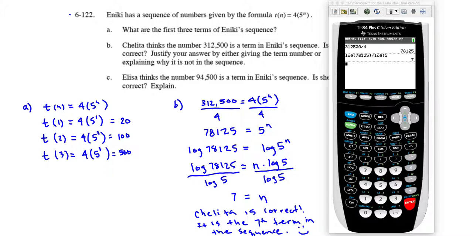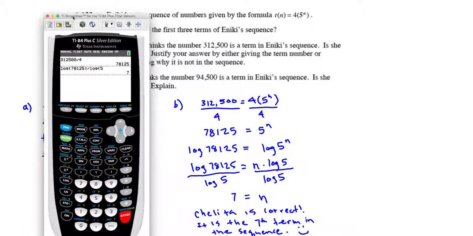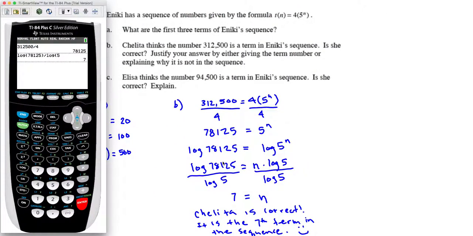And remember, we want to explain the reason why, because our exponent ends up being a whole number value here. It's got to be a positive whole number in order for it to actually be in the sequence. If we would have gotten a decimal there, it would not have been.